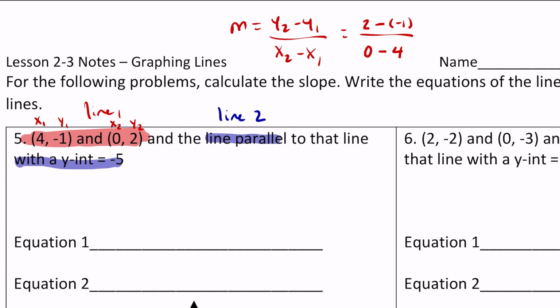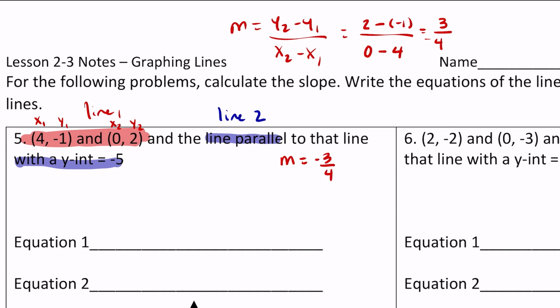So that's going to be 2 minus -1, that's 3, and then 0 minus 4, that's -4. So my original slope is going to be -3 over 4.